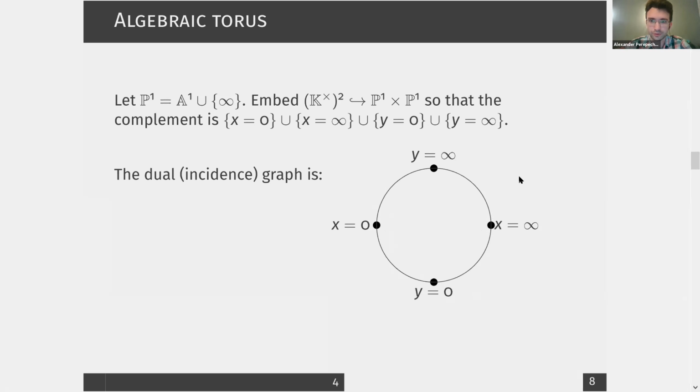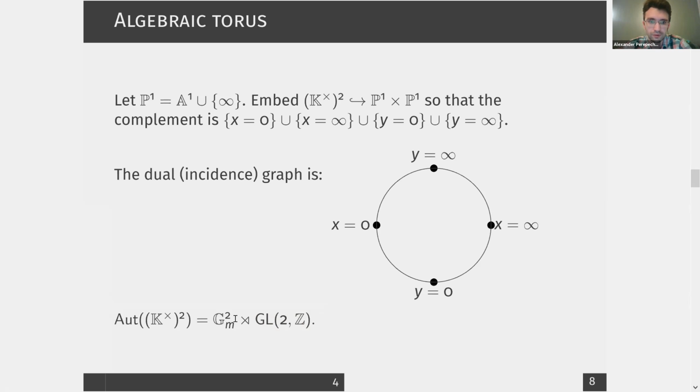So it looks like a circle, but for now it's just a cycle. And if you look at the automorphisms of the torus, the automorphism group is a semi-direct product of the torus itself, the multiplicative group squared, and the GL2(Z) group of integer invertible matrices.